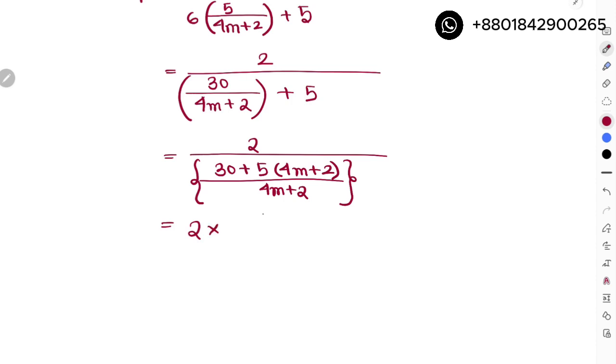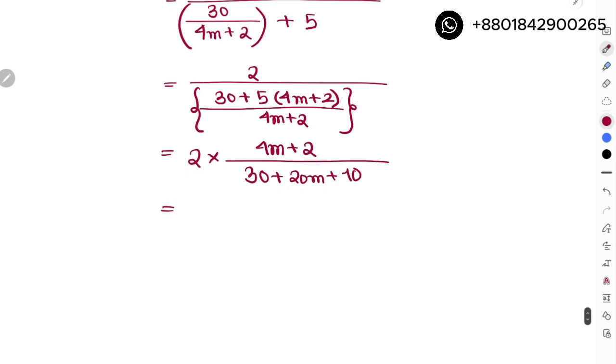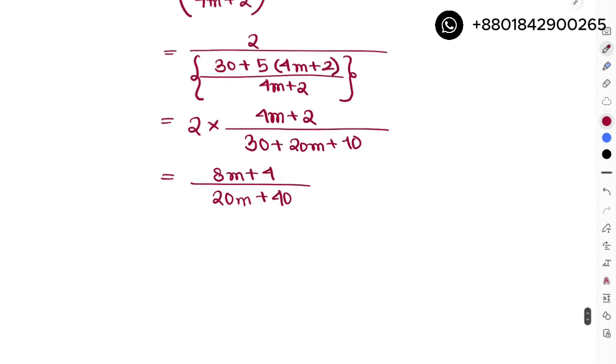So you have 2 multiplied with 4m plus 2 divided by 30 plus 40. 4 into 5 is just what? 20m plus 10, right? In that case you get 2 multiplied with 4 is just 8m plus 4 divided by 30. So 30 plus 10 is going to be 40 and 20, so 20m plus 40. In this case, maybe I can take something common. I can take 2 common from the numerator and again 2 common from the denominator.